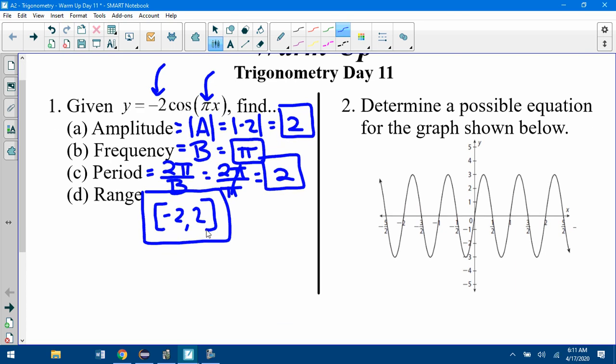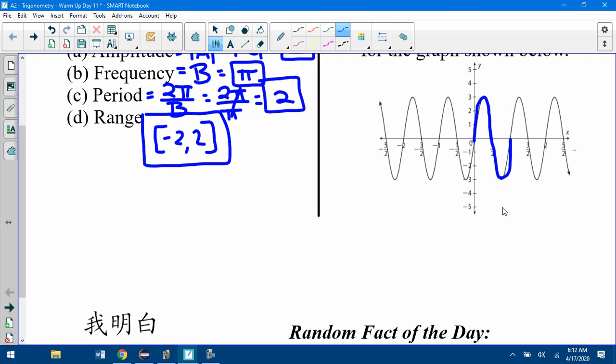Okay, for the graph, lots going on here. Let's start at 0 and see where one cycle is. I start at 0, I go up, I come down, and I end again. That's one cycle. Okay, so when you're trying to figure out the equation, first off, does that look like sine or cosine? It's sine because it starts on the midline. What's the amplitude?